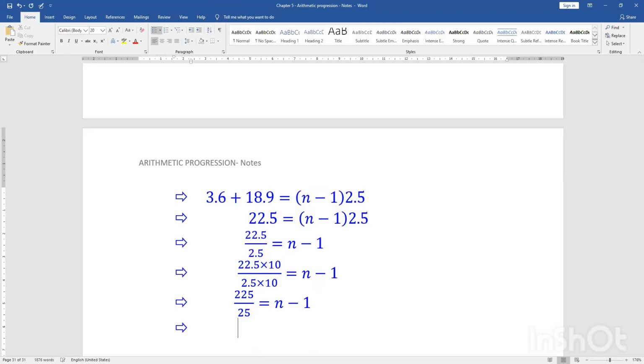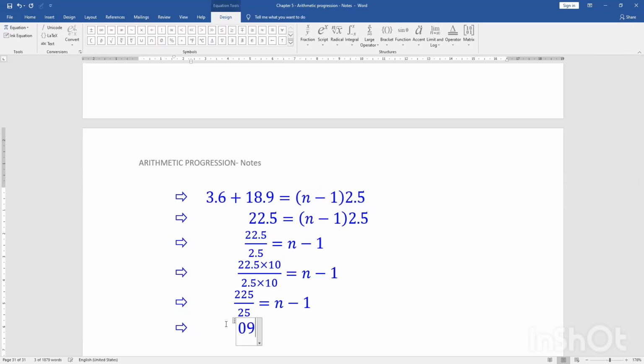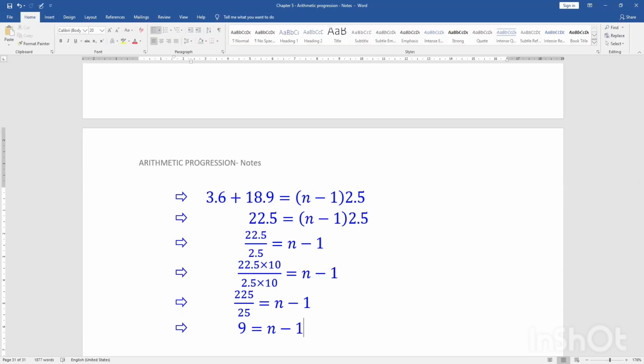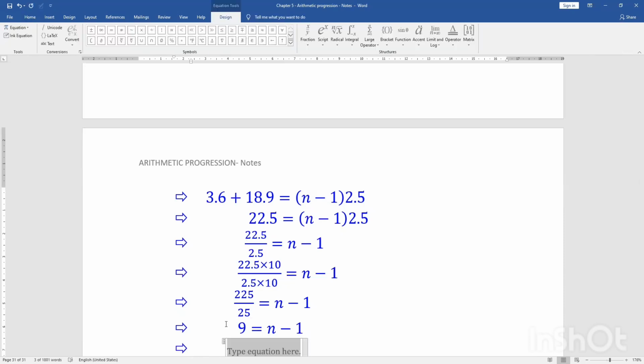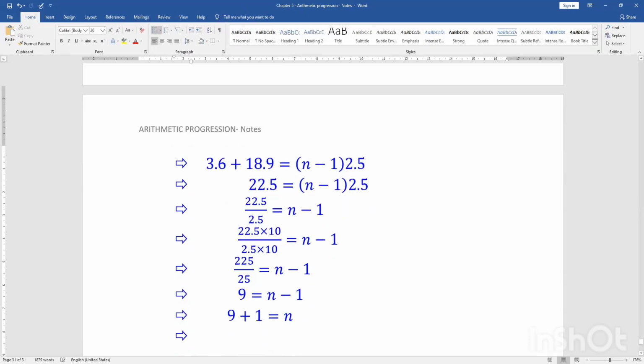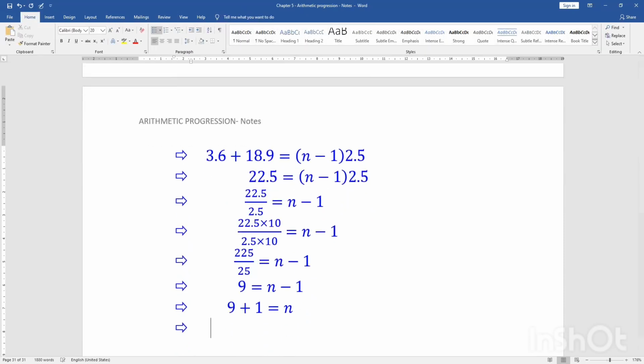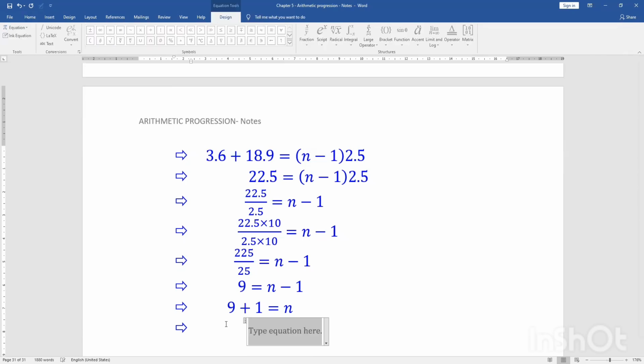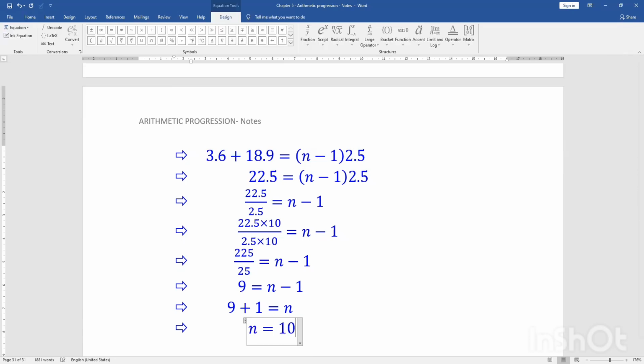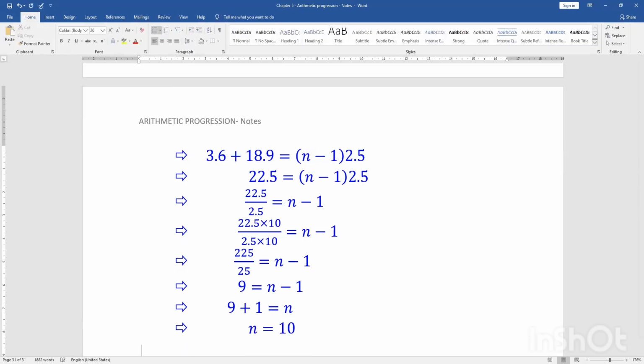So let us write that. 9 equals N minus 1. Or we can write it as 9 plus 1 equals N. Finally, we can write that N equals 10. Okay, so this is our final answer.